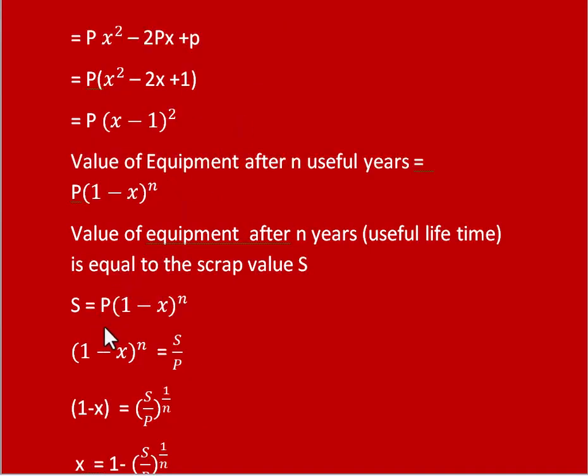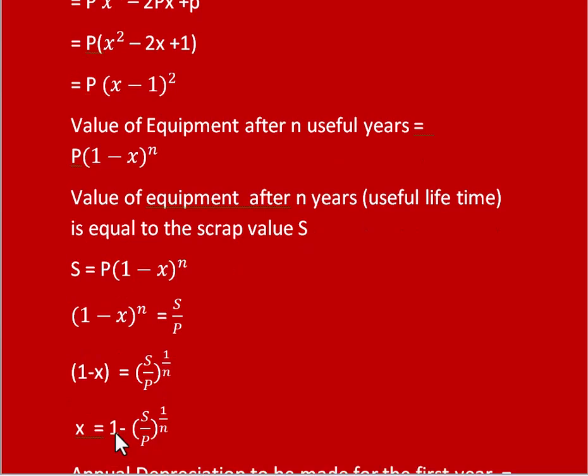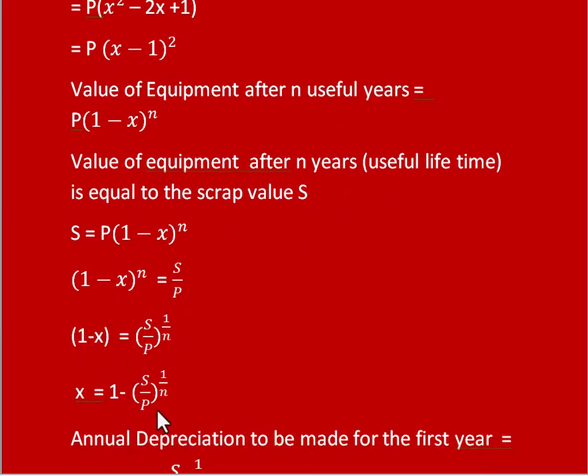So rewriting this equation, (1 minus x) whole power n is equal to S by P, and from that you can calculate 1 minus x is equal to (S by P) whole power 1 by n. Then from this, the depreciation rate x is nothing but 1 minus (S by P) whole power 1 by n.